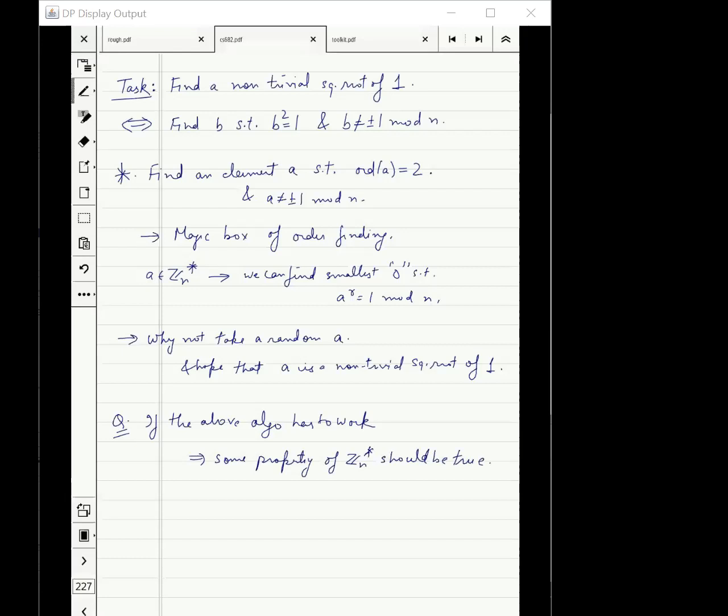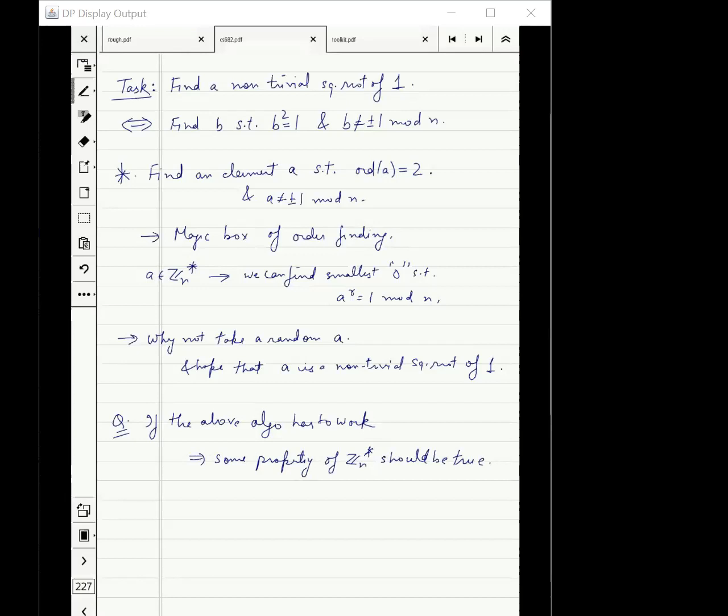I don't remember the property right now. But I was thinking that at least some members must have order n. We need some kind of probability to be constant or above that constant.